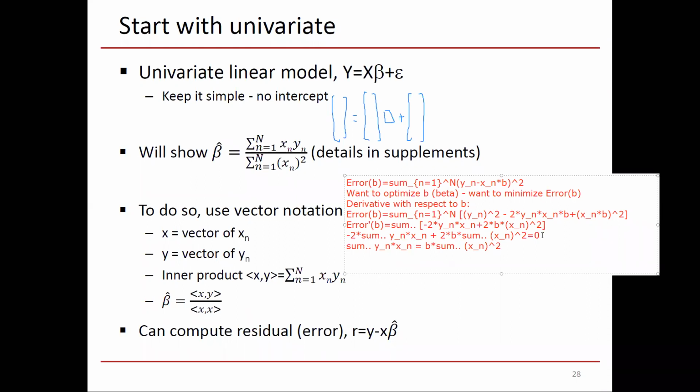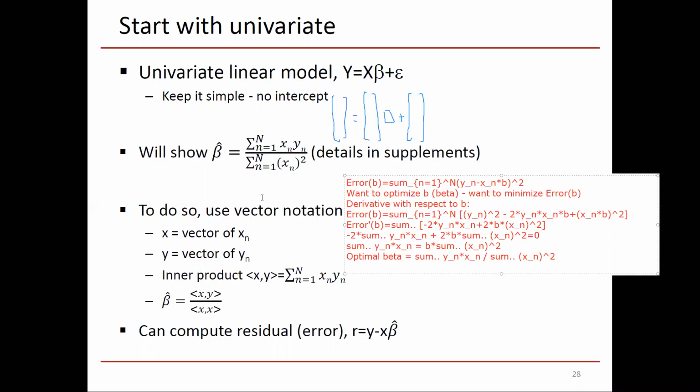So overall, the optimal beta is equal to summation over the yn times xn divided by summation over the squares of xn. And this is what we have over here. The optimal beta, beta hat, beta star, however you want to call it, is a summation over xn and yn divided by summation over the squares of xn.